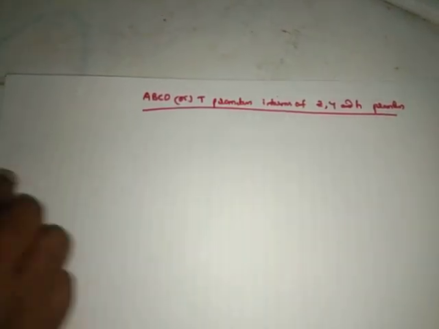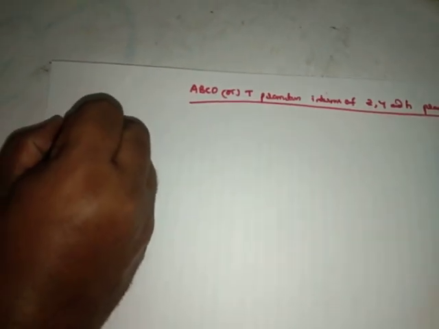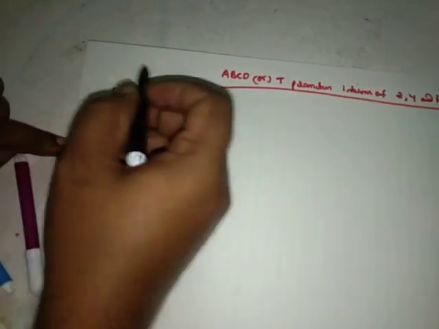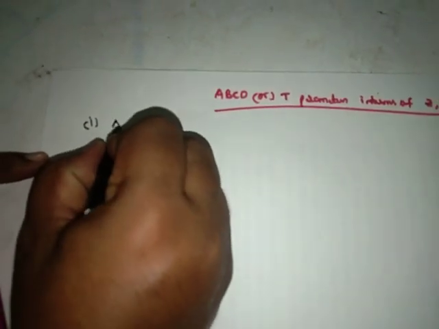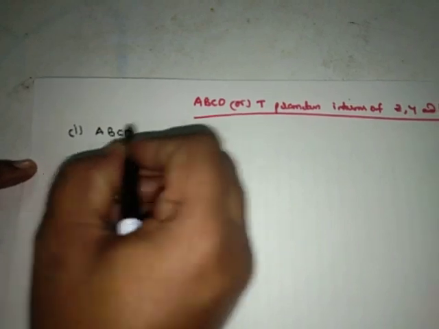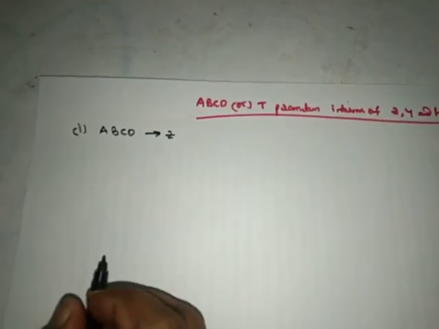ABCD or T parameters in terms of H parameters. The first case is ABCD in terms of Z parameters.